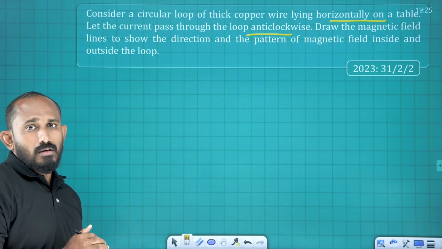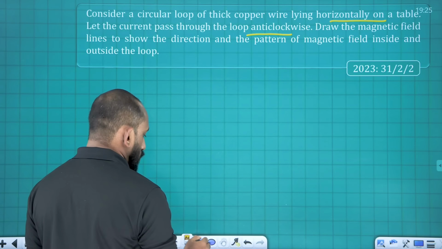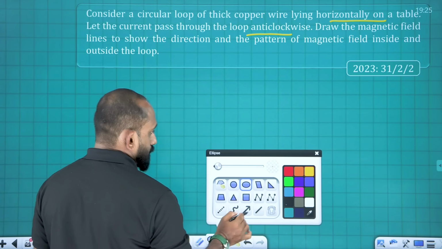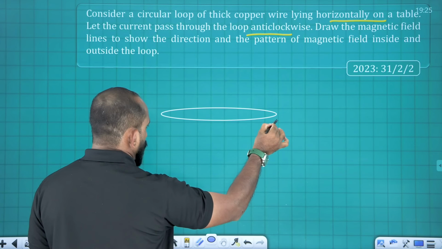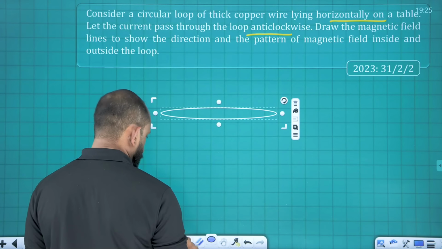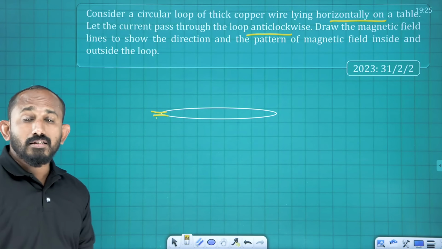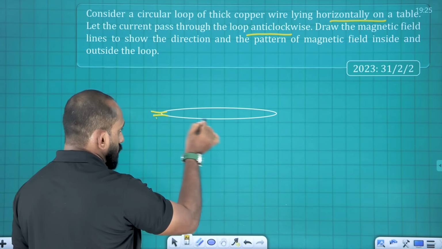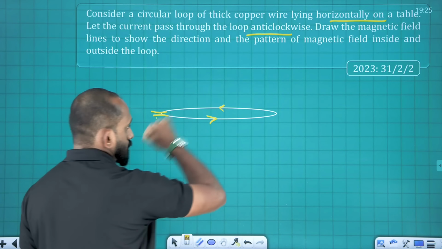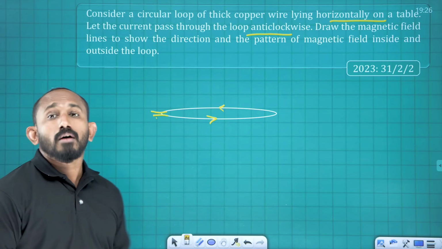So the loop is kept horizontal to the table, and the current is passing through in the anti-clockwise direction. Then you have to show the direction of the magnetic field lines.